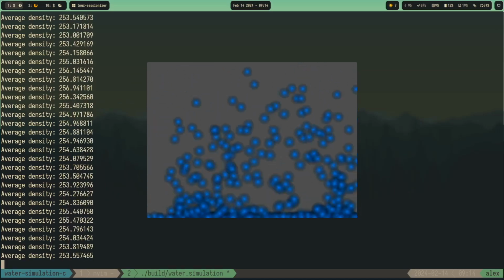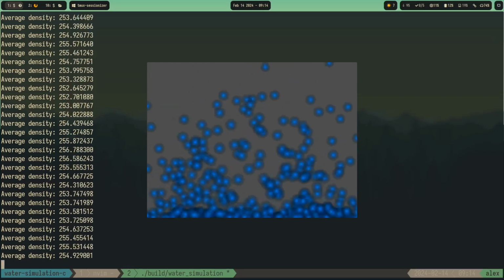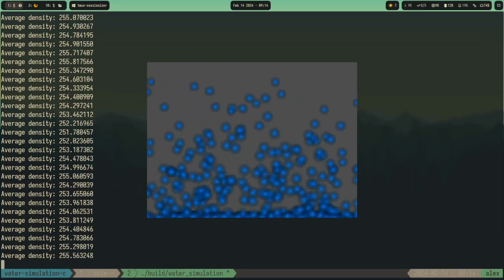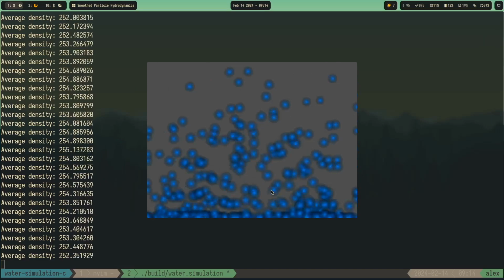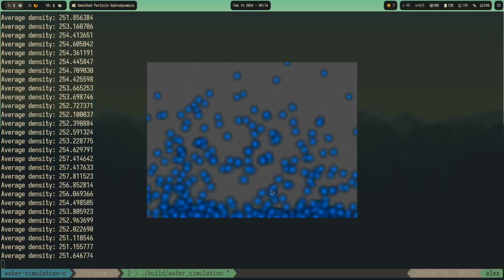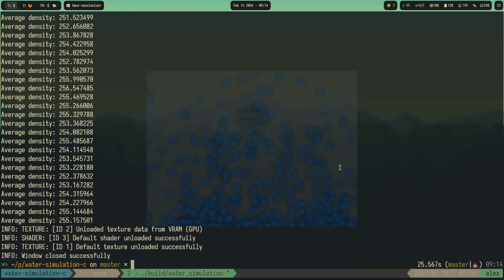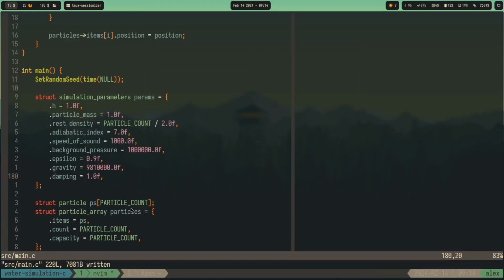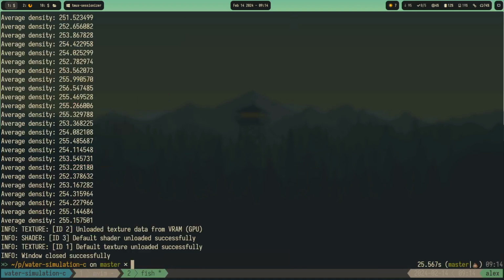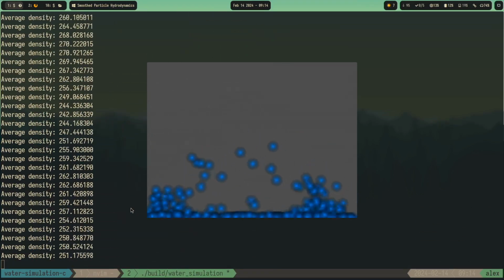Oh no, it's gonna break. Okay, let's stop it because there's no loss of energy when it clashes with the wall, right, if we don't do damping.